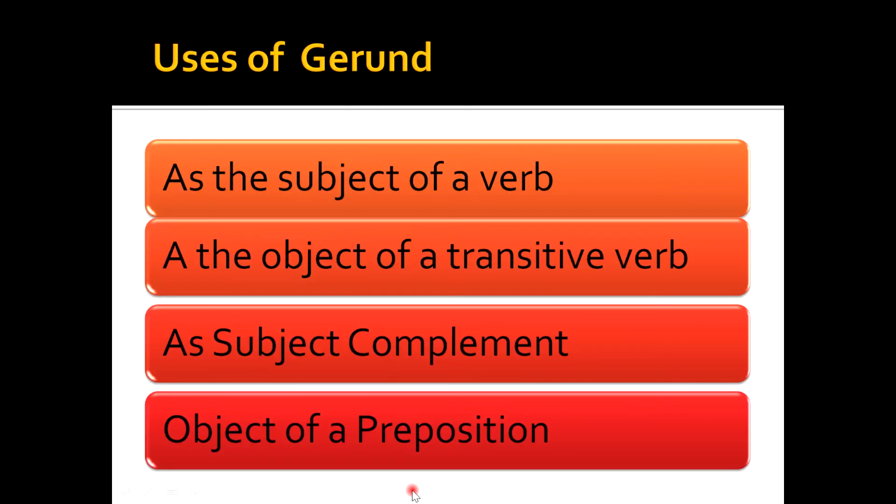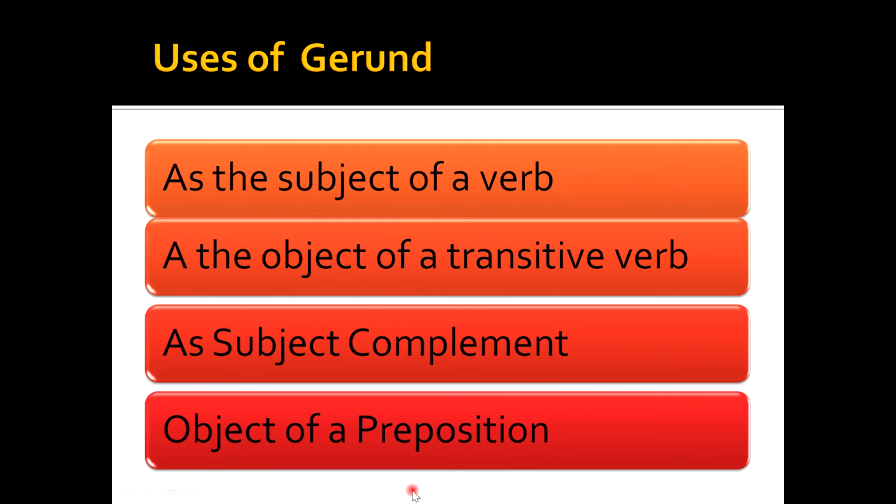Now let's see the uses of a gerund. A gerund is used as the subject of a verb, like gardening is my favorite hobby. Second, as the object of a transitive verb: I enjoy reading. Third, as a subject complement. We'll learn about complement later, as I told you.